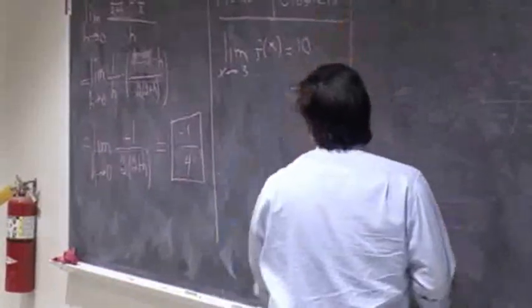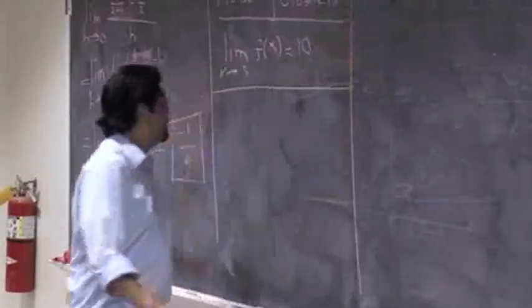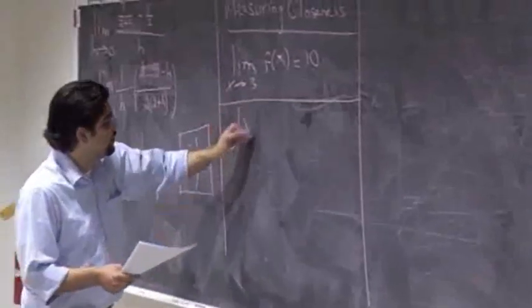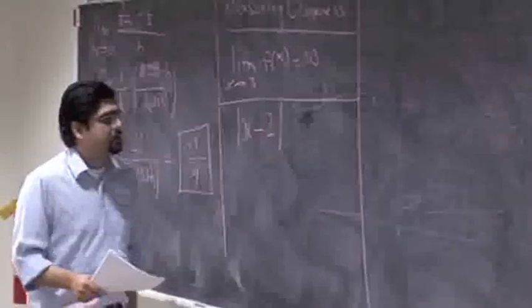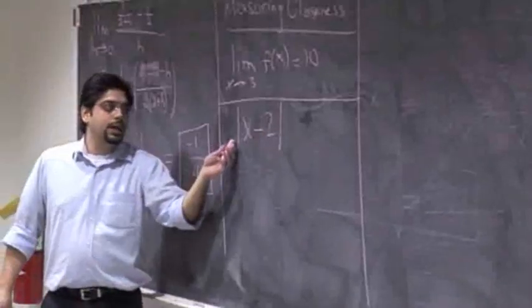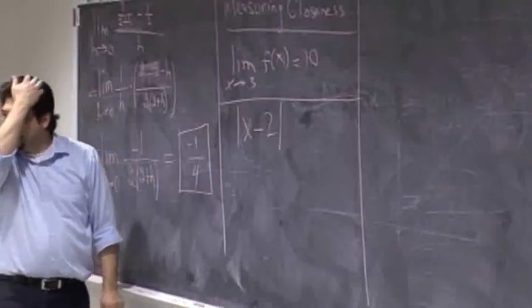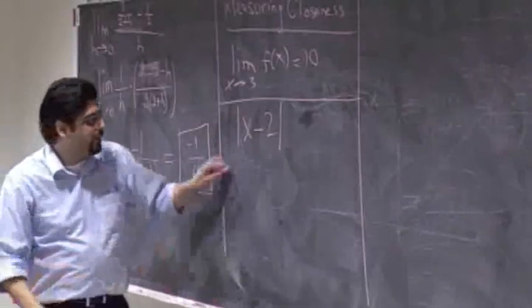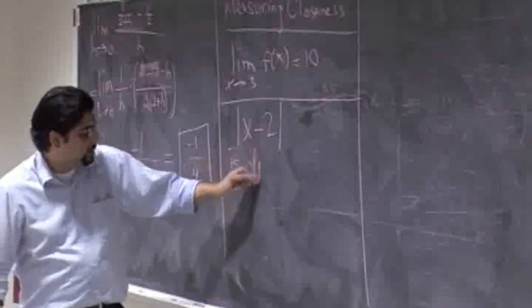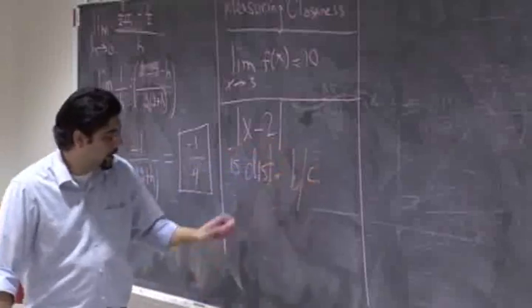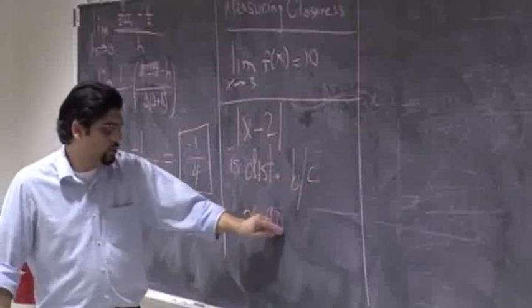When we talk about measuring distance, the first thing that we talk about in basic algebra is an expression that looks like this. Absolute value of x minus 2. Absolute value of x minus 2 is the distance between x and 2.